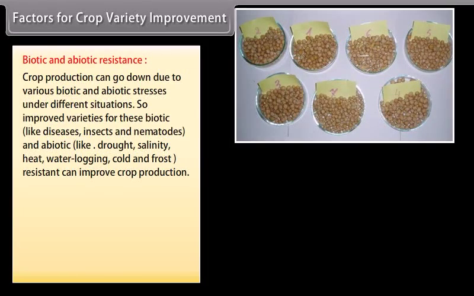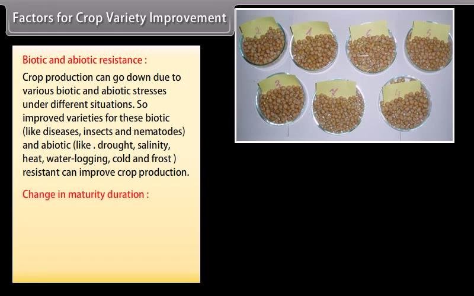Crop production can go down due to various biotic and abiotic stresses under different situations. So, improved varieties for these biotic, like diseases, insects, and nematodes, and abiotic, like drought, salinity, heat, waterlogging, cold and frost resistant can improve crop production.